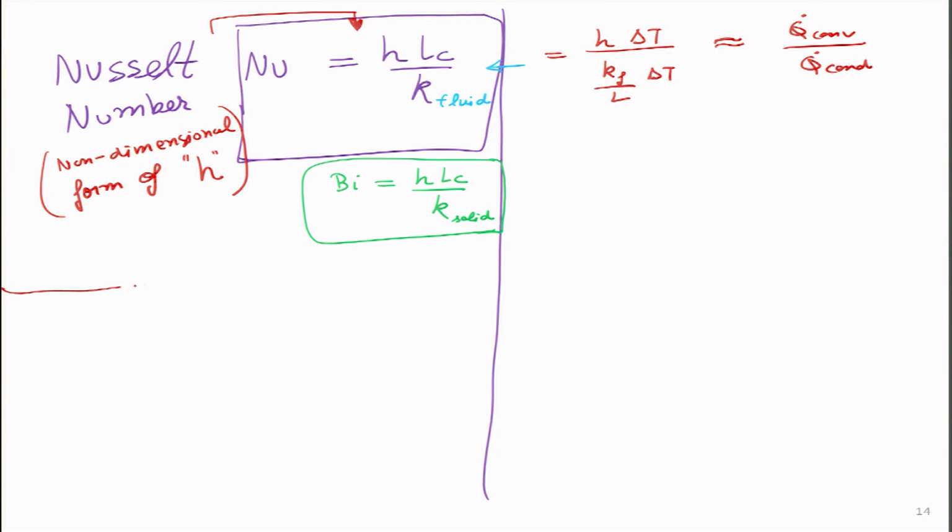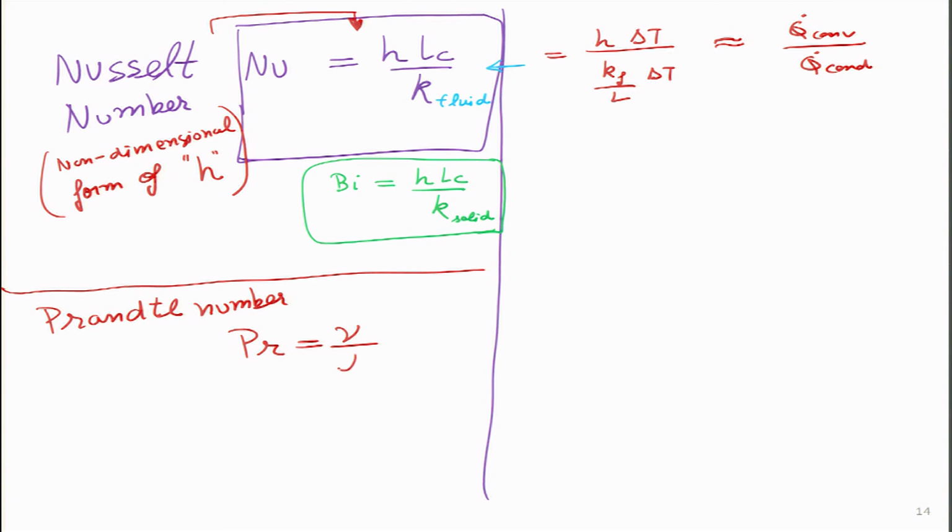Another parameter that I will define over here is the Prandtl number, and this is another scientist in whose honor this number is given. It is given as nu divided by alpha, where we remember nu is the kinematic viscosity, which is given as mu by rho, and alpha is the thermal diffusivity, which is given by K by rho Cp.